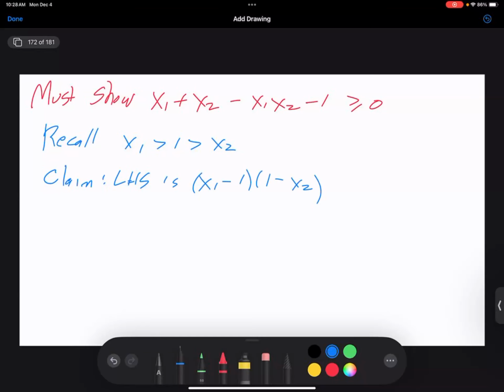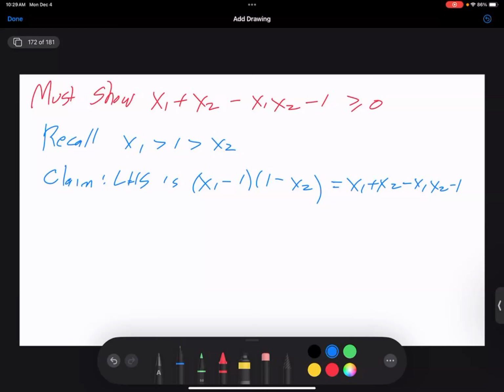Do you believe me? Yeah, why do you believe me? FOIL, right? So if we just expand everything out, we see that this is just x1 plus x2 minus x1 x2 minus 1.